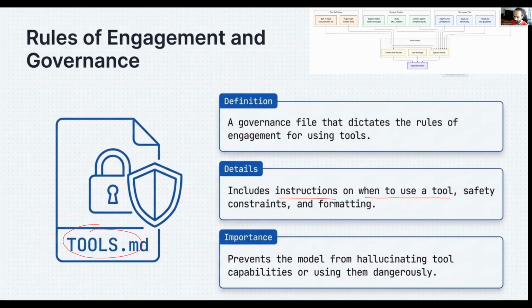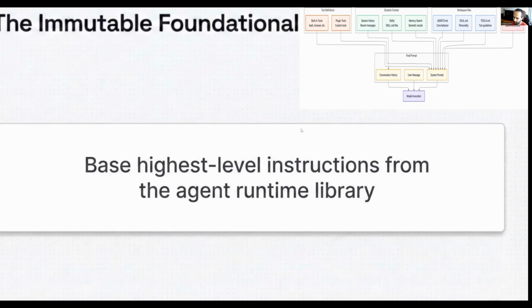So you tell the model, if you have this situation, you can call this tool. This helps to guide the model and decreases the risk of calling wrong tools, either due to hallucination or any other reason, especially when we have many tools available for the model. And last but not least, we have the PyAgent core that contains the base highest-level instructions.